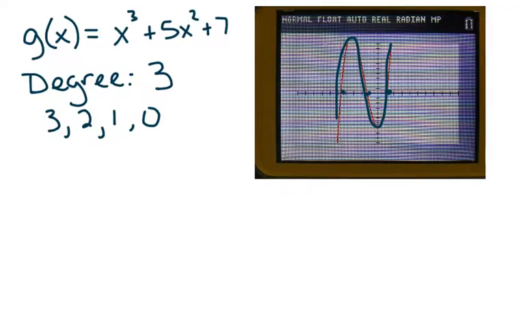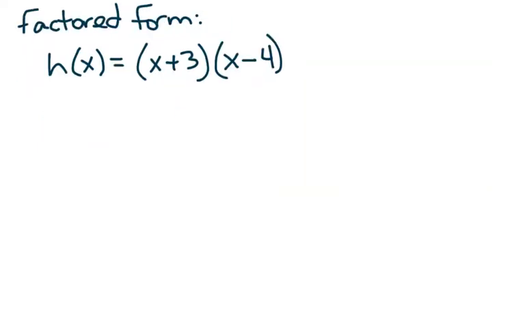All right? Okay. In factored form, we know that the factors give us the real zeros. So here we know we have a real 0 of negative 3 and a real 0 of positive 4. Okay? Now, that's 2 real zeros. What's the degree of h of x? Well, remember that when we look for a degree, we need it in standard form.